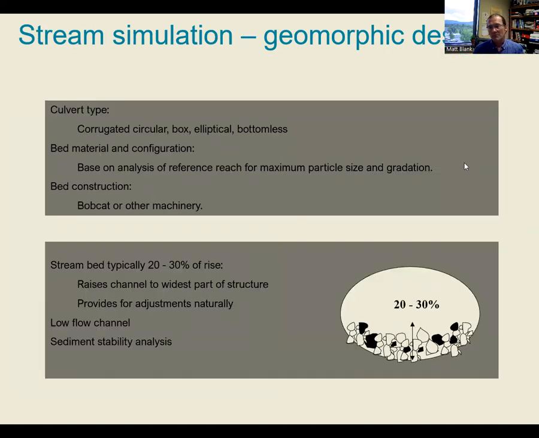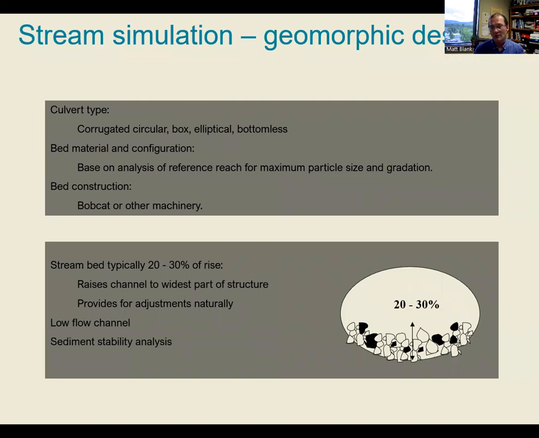Some other basic considerations for the geomorphic stream simulation design. Any structure can be used. You basically fill that structure based on the size of the stream you need and the depth. One consideration I think is really important is that, since you're building a channel through the structure, you need to make sure the structure can accommodate the equipment inside of it to build that channel.